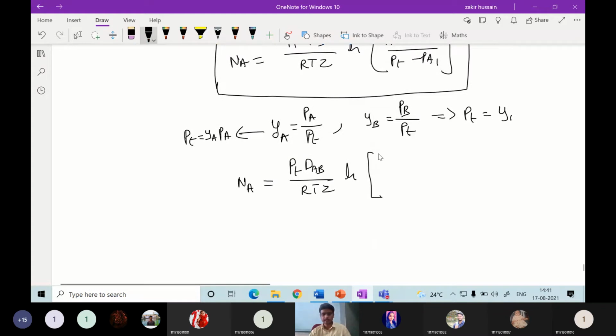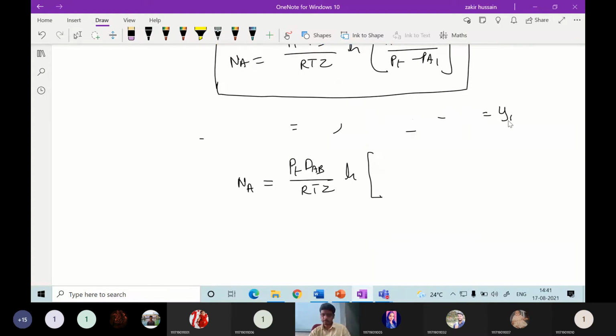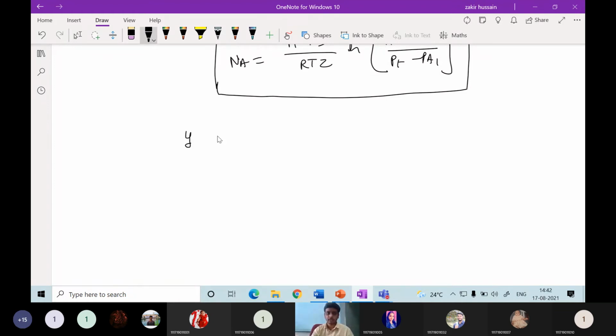Let us follow one more step, then it will be very easy. Here, the mole fraction on one side of the diffusion path, that is, this is position 1 and this is position 2.